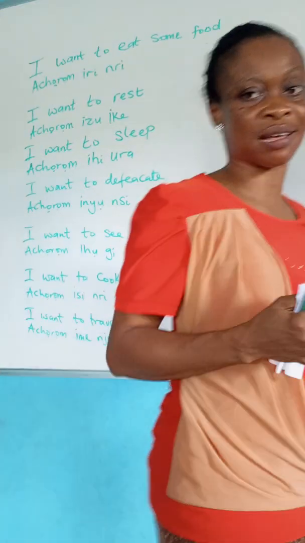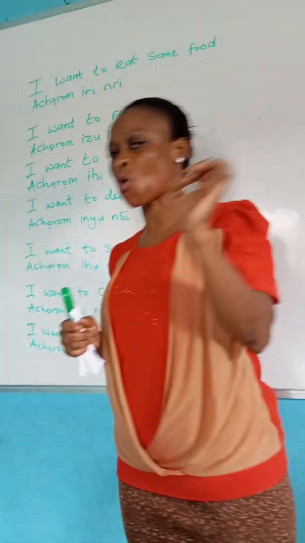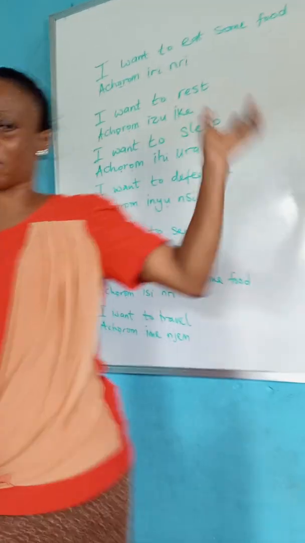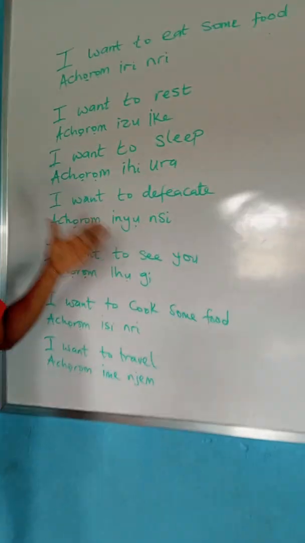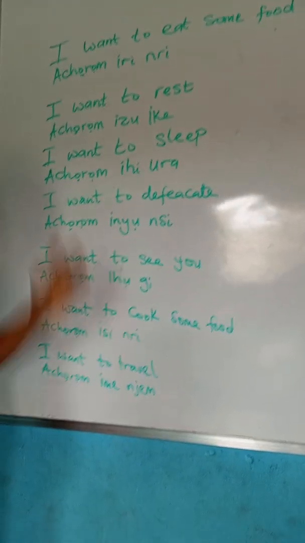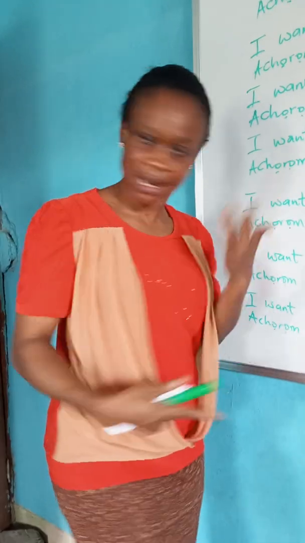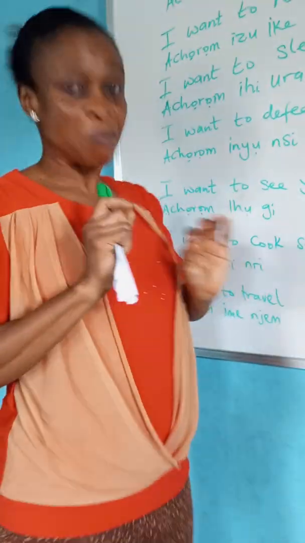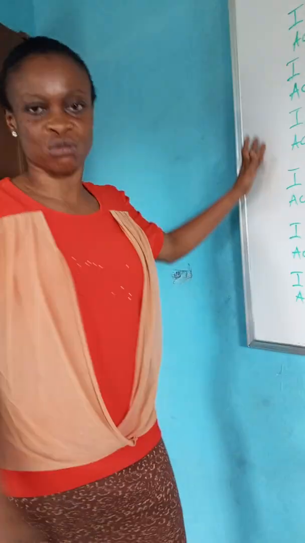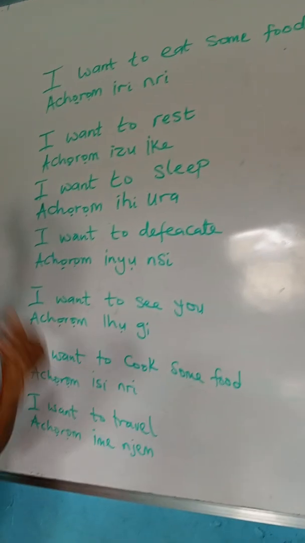Don't worry, with time, you're going to get used to the language. Even when you say them and make mistakes, don't worry. Repeat them again. By the time you say it consistently, you will master how to use Igbo language to tell someone what you want to do.